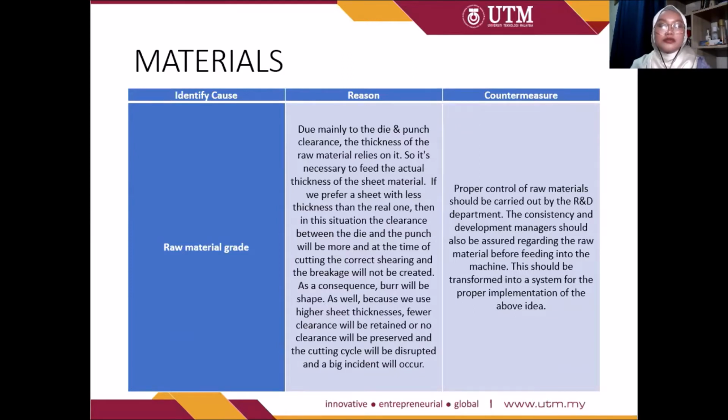My suggested countermeasure is that the research and development department should investigate the grade first so that it will not disturb the production when there is a problem with the raw material.